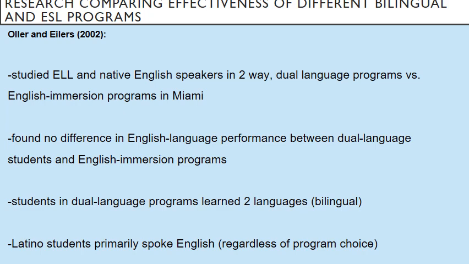So at face value, that seems like maybe we can't really discredit English immersion programs. However, if you think about it, the students in the dual language program were only receiving 50% of their time of instruction in English.